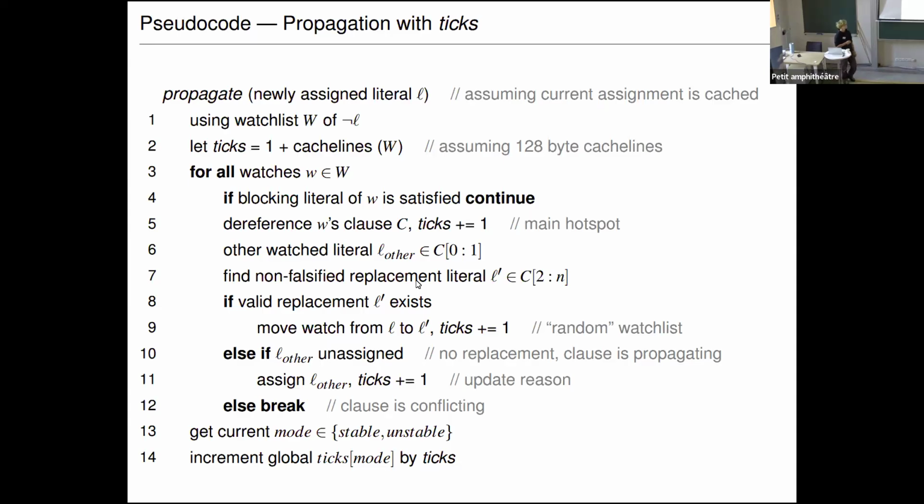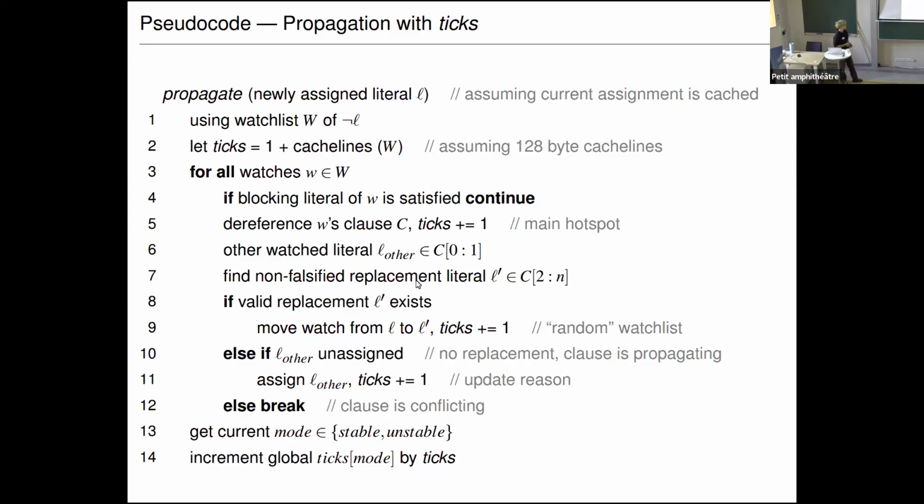So yeah, this approximation might not be 100% nice here. If we get many conflicts, we might not iterate through this. And then once we have all the ticks, we just increment the current either stable or unstable counter.